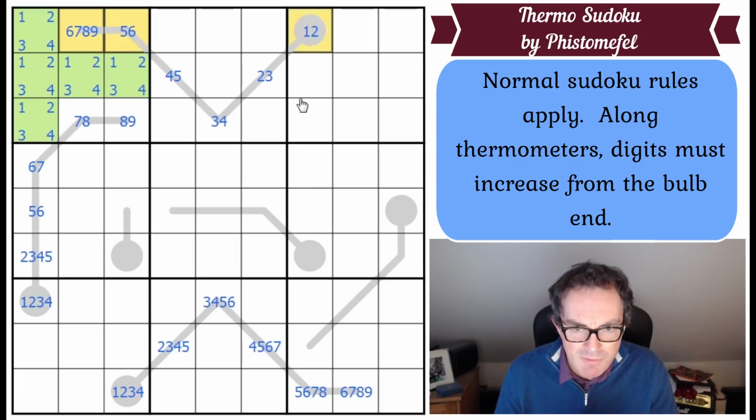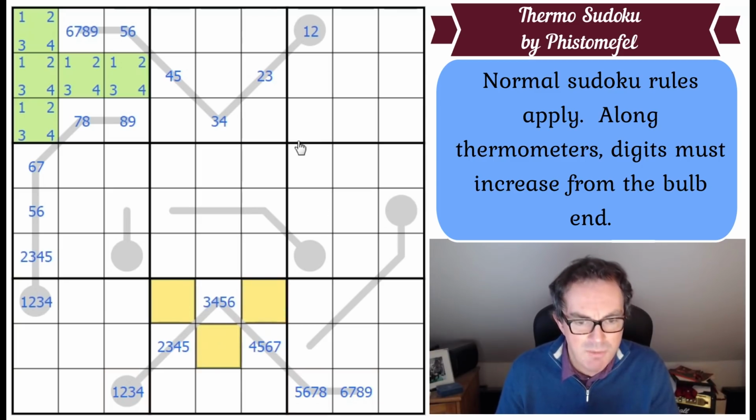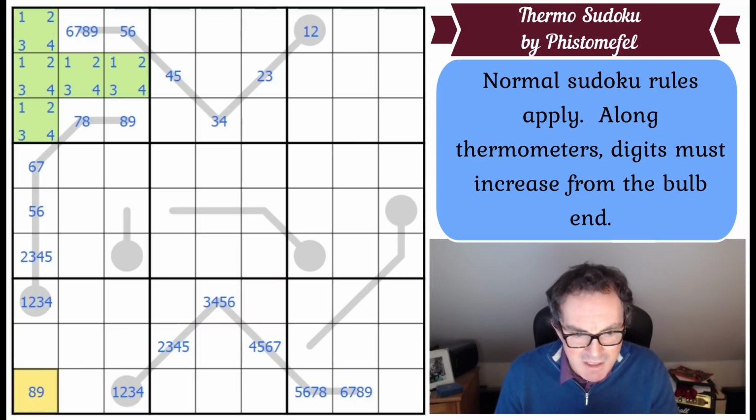Right, let's carry on thinking about the ends of the thermometers down here. These 3 squares, where do they go in box 8? Well, we can't have the same digit on the thermometer. So whatever's in these 3 squares exactly occupies those 3 squares in box 8. So if I make this square an 8 or a 9, where do I put it?